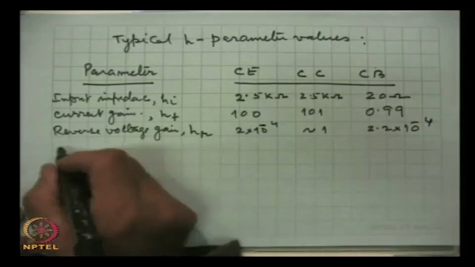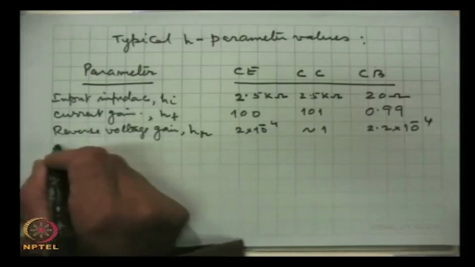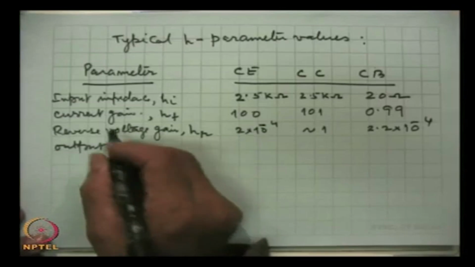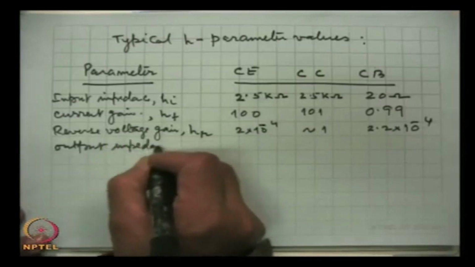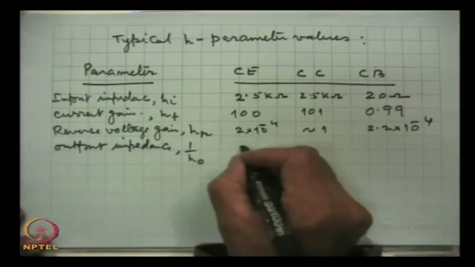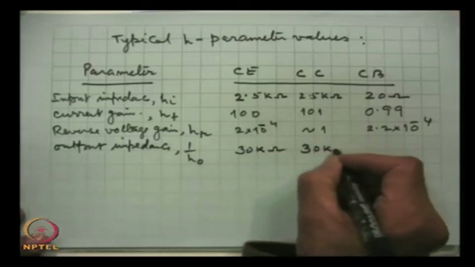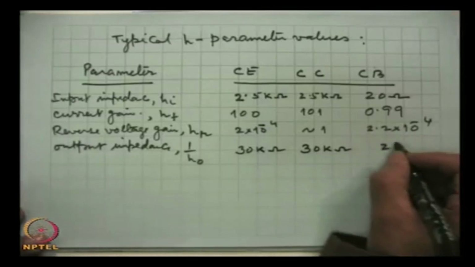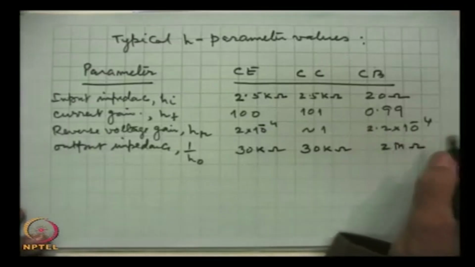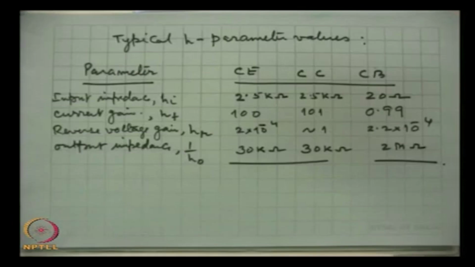And then output impedance is the inverse of admittance. So, output impedance, which is 1 by HO, is around 30 kilo ohms, same here 30 kilo ohms, but here it is much higher, 2 mega ohms. So, these are the typical values of H parameters in the 3 circuits.